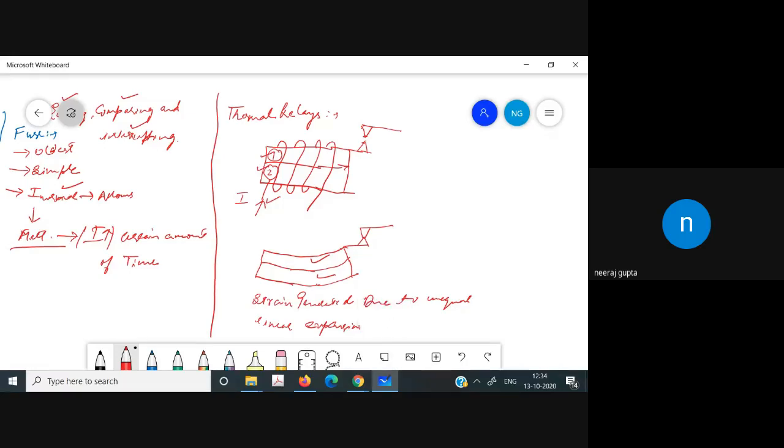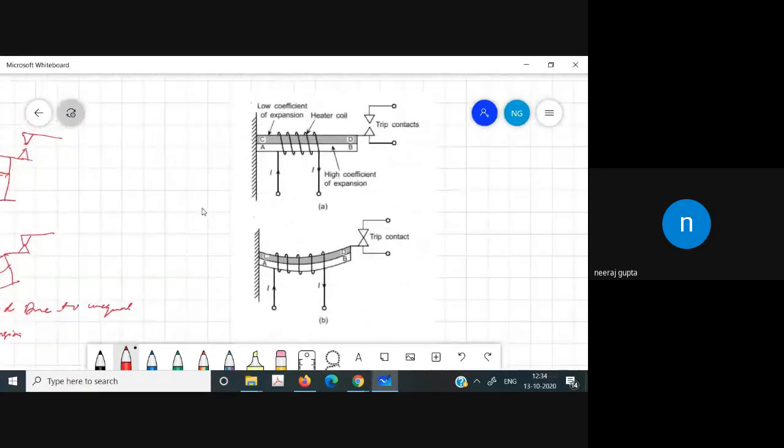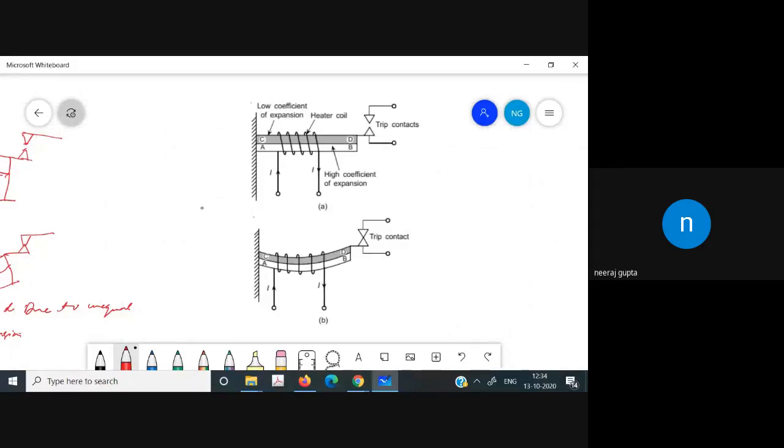Now we will have a small diagram that we can discuss. We have the two metals. This is the coil. This is the metal of high coefficient of expansion, and this is the low.